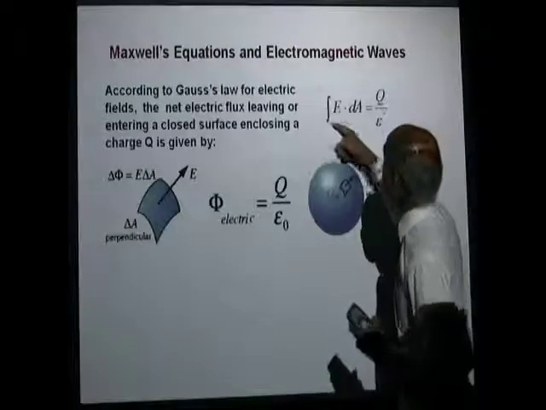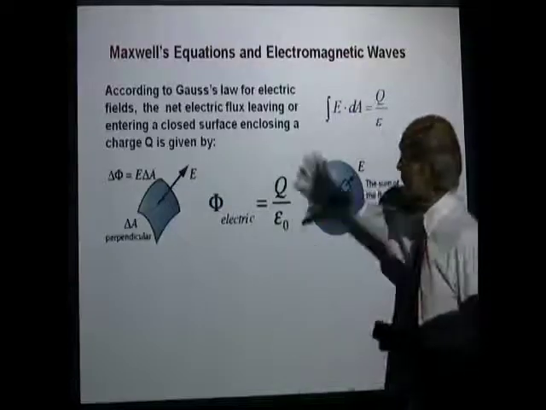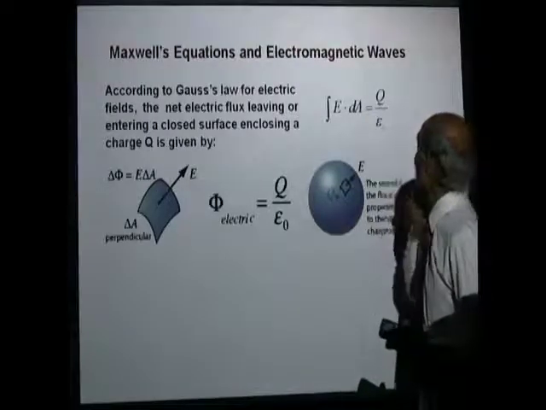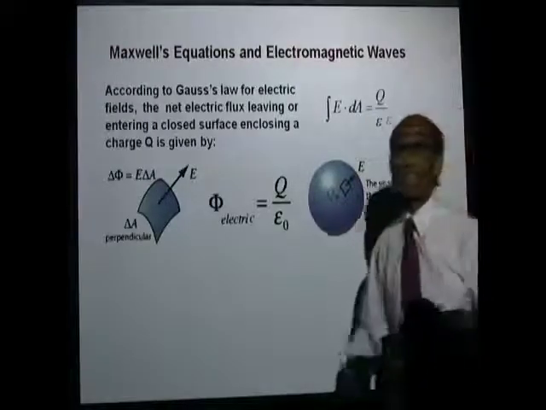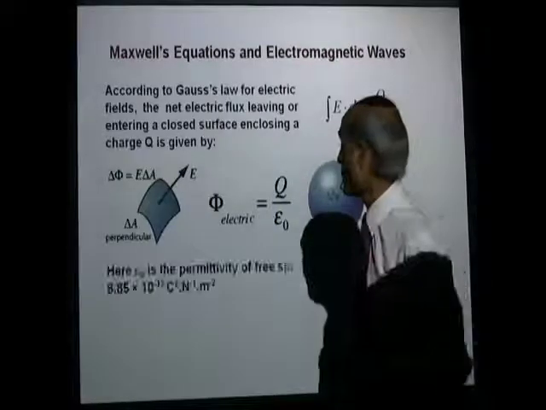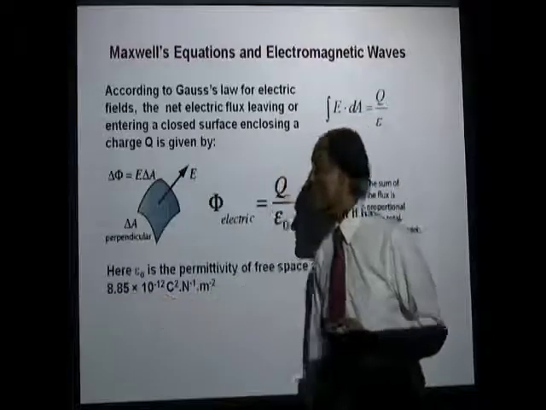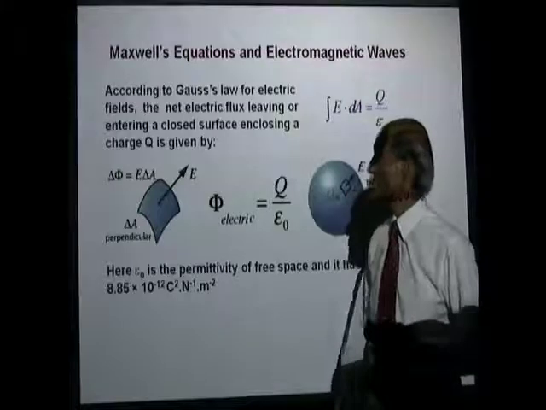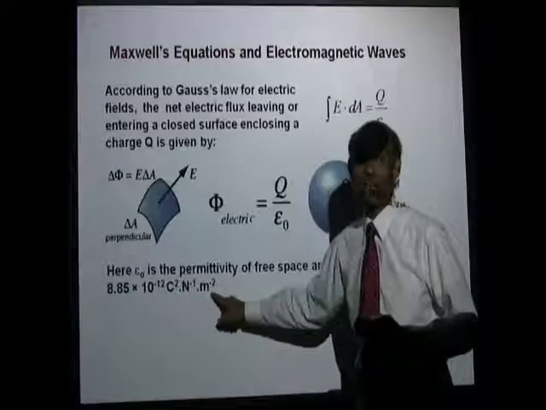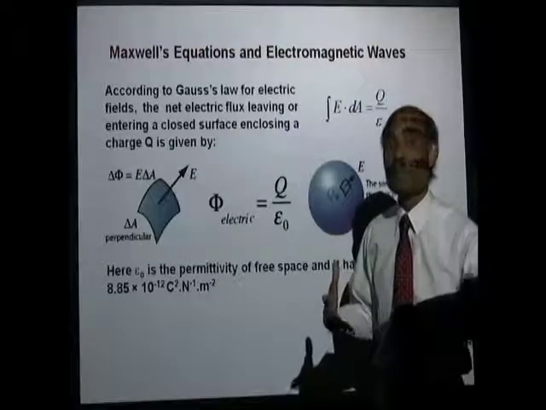So this is the quantity which we generally call the net flux leaving a surface, equal to the enclosed charge divided by epsilon naught, where epsilon naught is the permittivity of free space, and it has a value 8.85 times 10 to the negative 12 coulomb squared per newton meter squared.